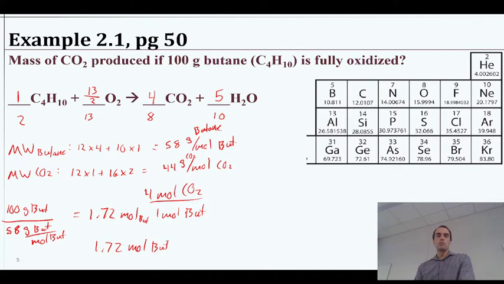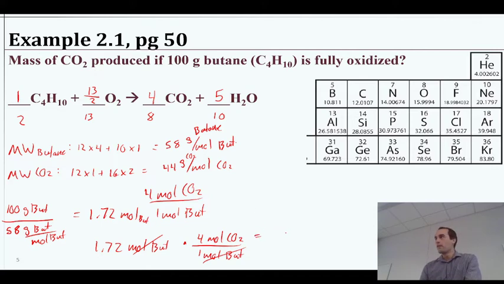So 1.72 moles butane, and then we can multiply that by that factor, 4 moles CO2. And here's where you can really recognize why we're doing 4 over 1 as opposed to 1 over 4: the units need to cancel, right? It's not just moles that are canceling, it's moles of what, right? So just track that. We have moles of butane canceling with moles of butane.